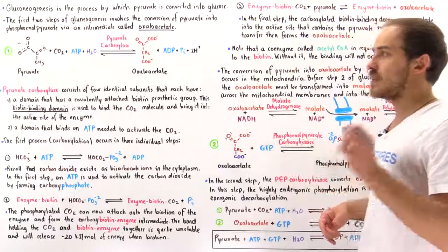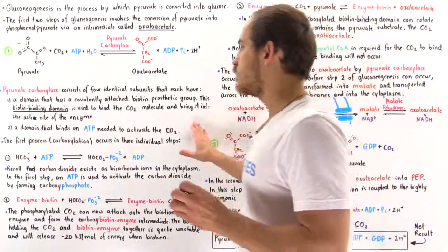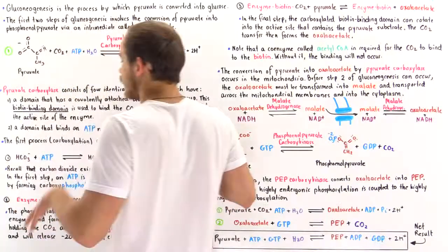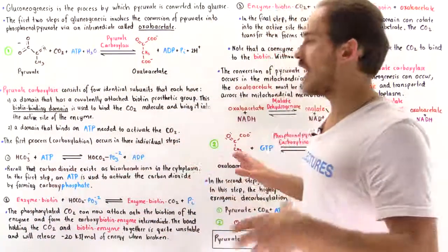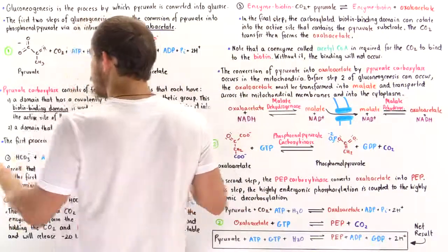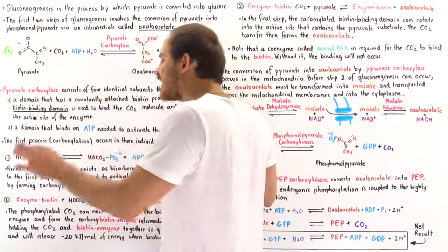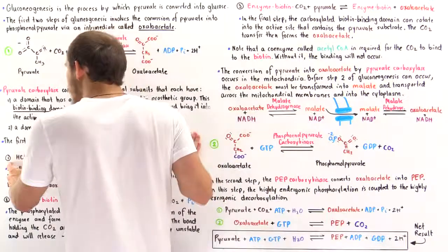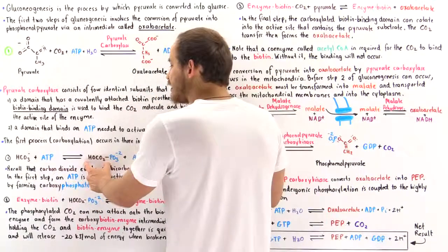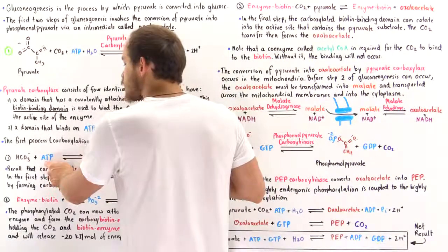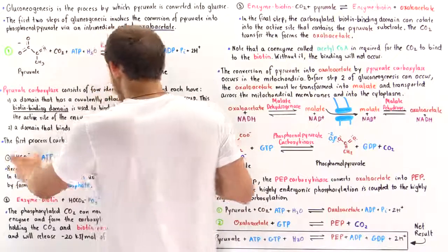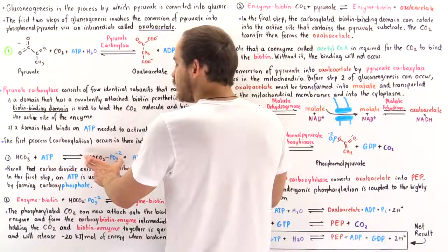And this takes place in the cytoplasm of our red blood cells. And so we actually find bicarbonate ions dissolved in our cytoplasm and in our blood. And so in the first step, we essentially activate that bicarbonate molecule to form this carboxyphosphate intermediate. So we transfer a phosphoryl group from the ATP onto this bicarbonate to form this carboxyphosphate.